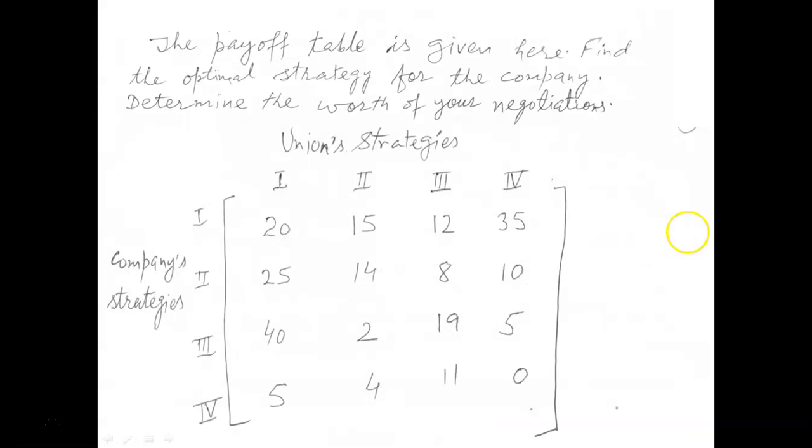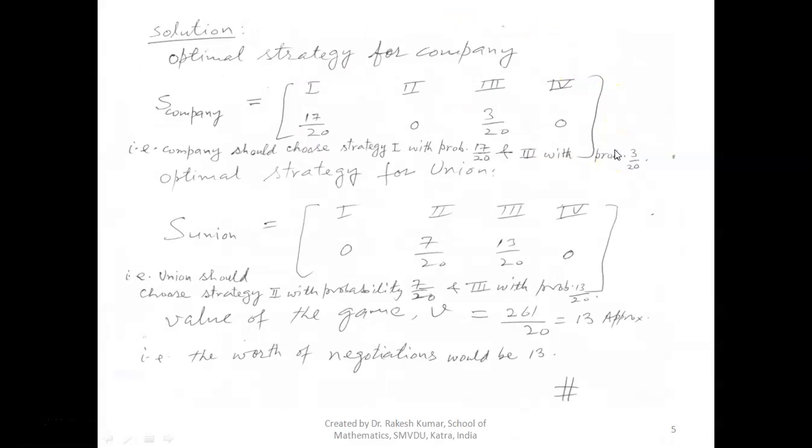Now, what is the question? The question was to find the optimal strategy for the company as well as the optimal strategies for the union, and what will be the worth of your negotiations, meaning what will be the net outcome. In order to answer this type of situation, game theory, a decision making framework, helps us.